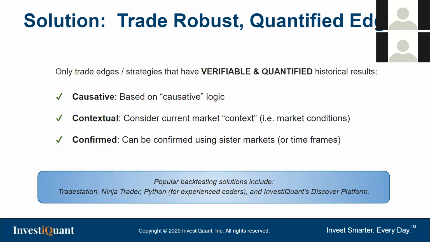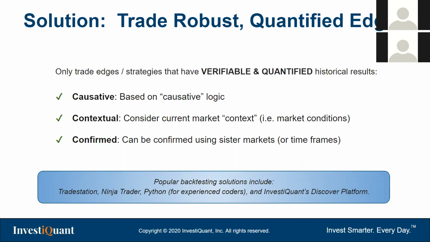And if you've ever heard Scott Andrews from InvestiQuant talk, he often talks about the 3 C's when you're building trading strategies based on quantified edges. And that is something that's causative, which means there's some sort of logic behind whatever it is that you're looking at that is causing the move to happen, that is causing the edge to play out. There's something that actually causes it.